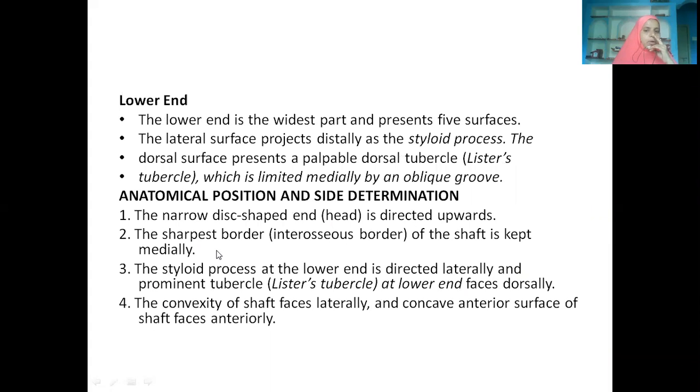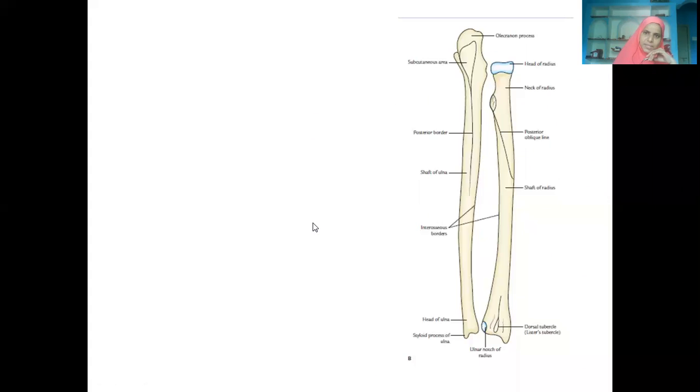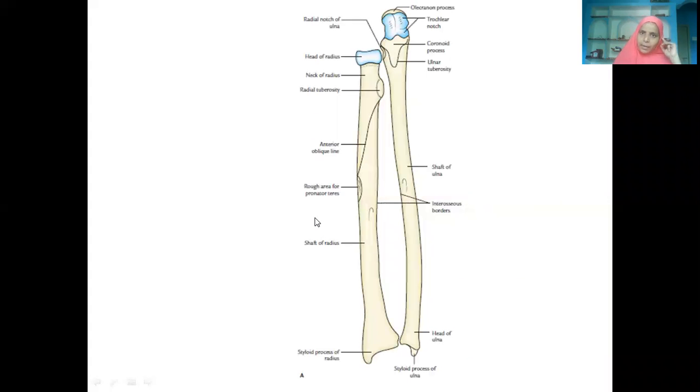Now coming to the anatomical position, I hope you understood by now how to hold the bone. First thing is we have to check which is the upper end and which is the lower end, we have to be very clear. You check for the head and hold it upright. You identify it as the upper end. Check for the radial tuberosity. You hold it in such a way that the radial tuberosity should face medially. But again, there will be a confusion.